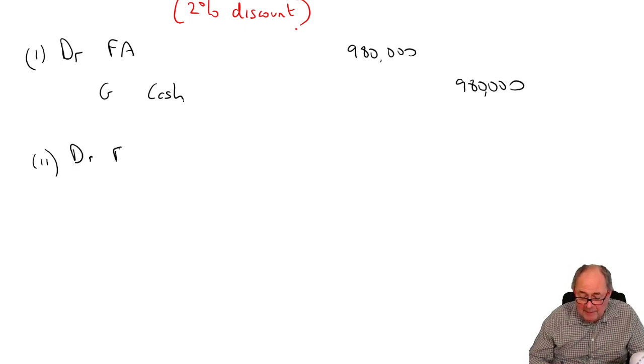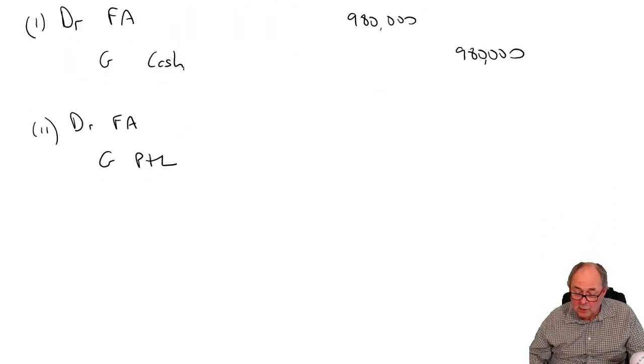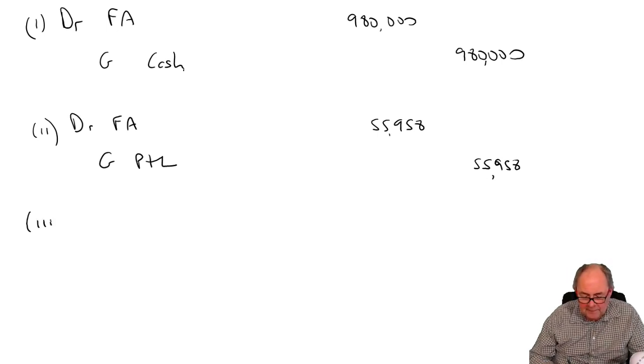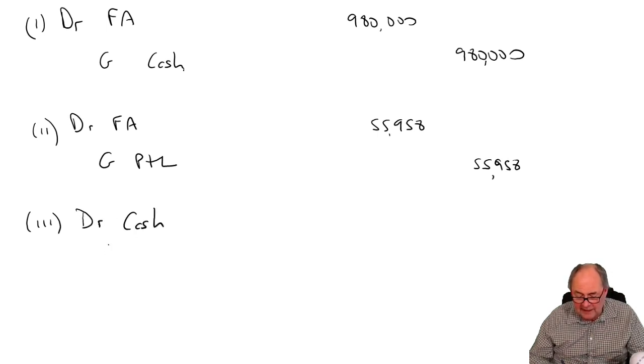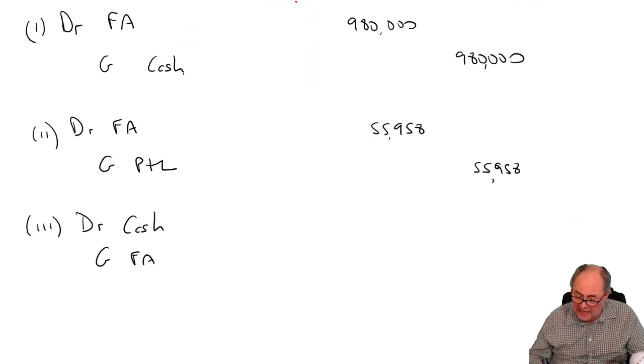That would debit financial asset and credit profit and loss with 55,958. Thirdly, you've got that coupon coming in. Debit cash, lovely. Credit your financial asset with 40,000.